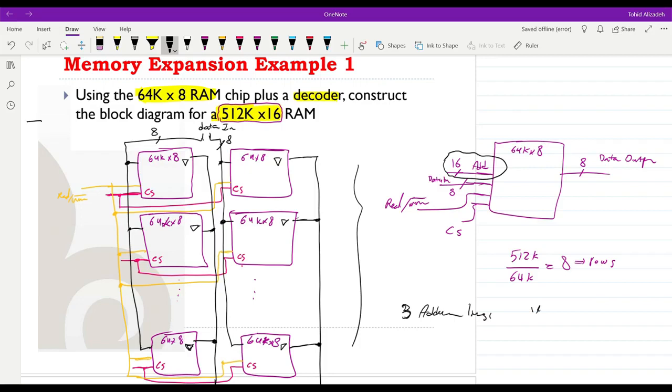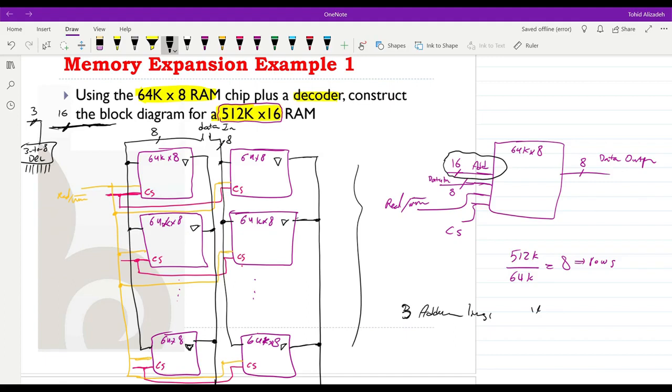So 3 address lines and 16 address lines. These 3 address lines will be fed into a 3 to 8-line decoder, while the remaining 16 address lines will be connected directly to the address input of all the ICs.